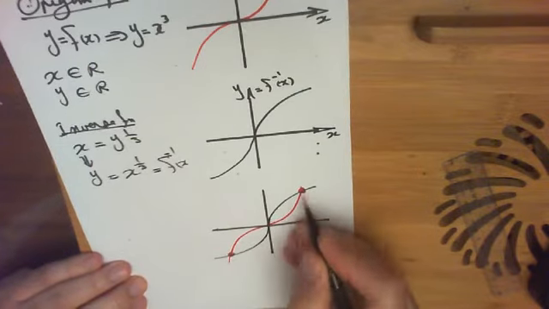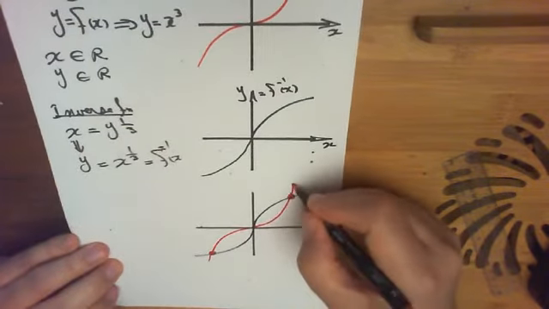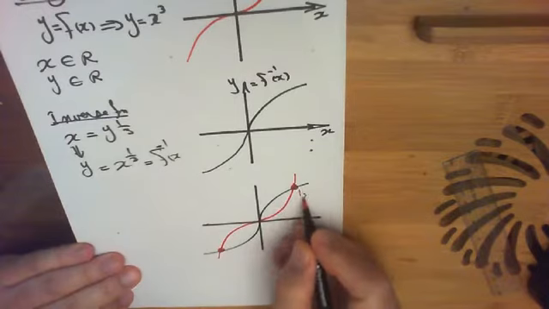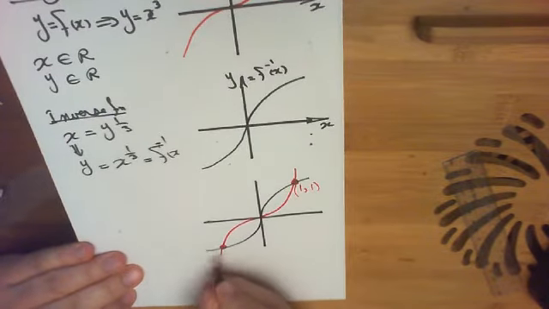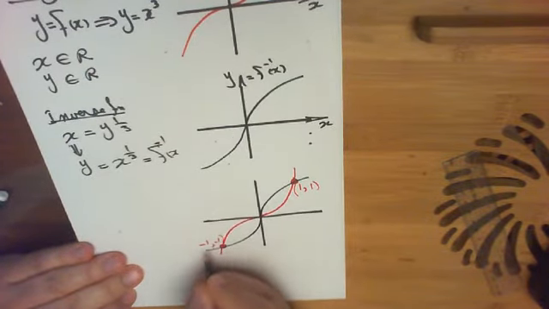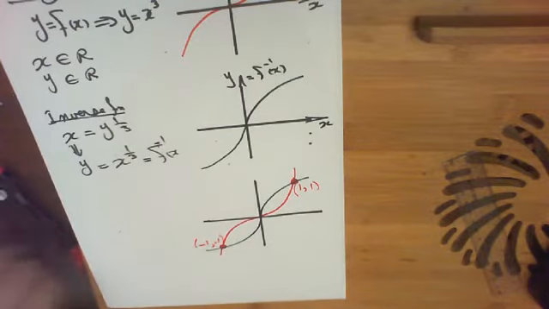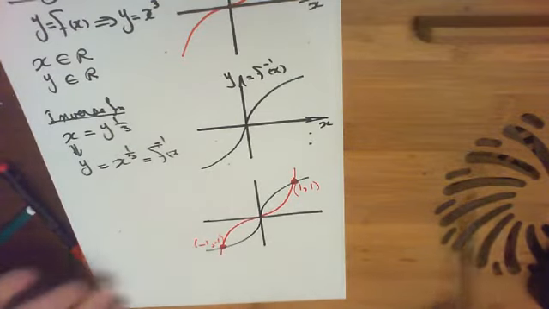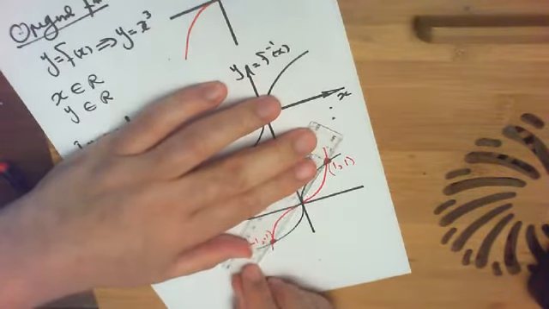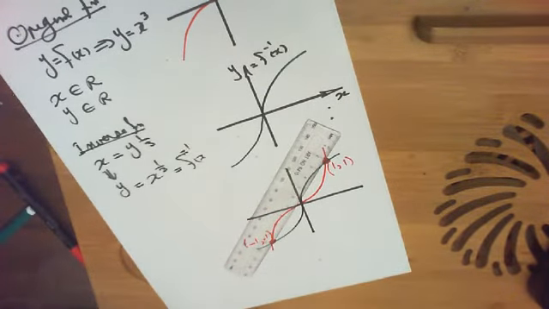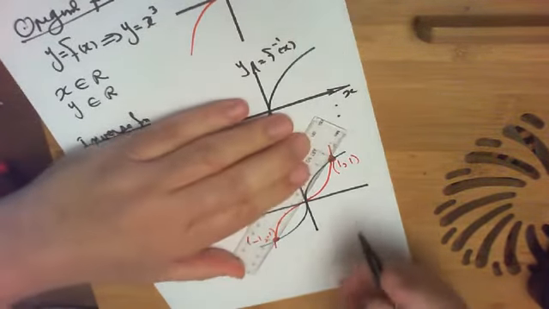If you calculate these 2 points, we find them as (1, 1) and (minus 1, minus 1). Both lie on the 45 degree line, like this.